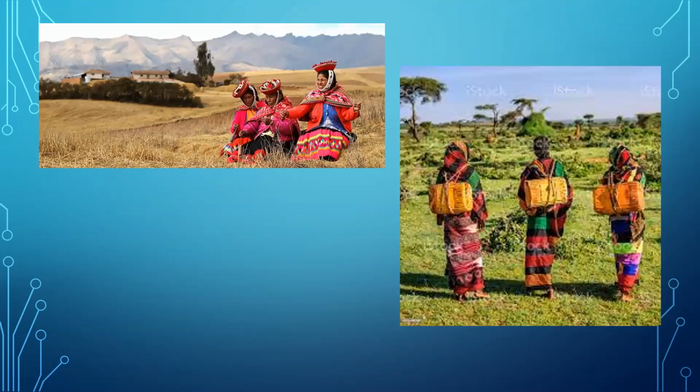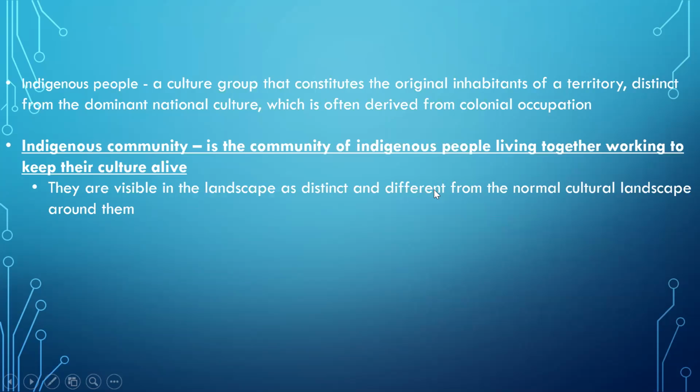So some examples here for you to look at, looking at the cultural landscape and understanding gender roles. You might see here in Peru, traditional Andean clothing usually made by women. Or here you might see, in some African societies, women carrying water home. Okay. And lastly, here, the indigenous community.